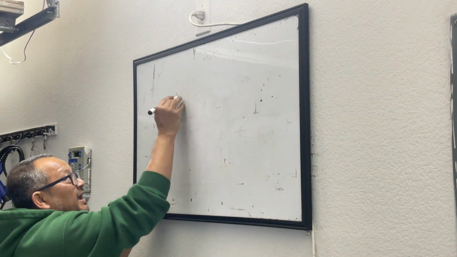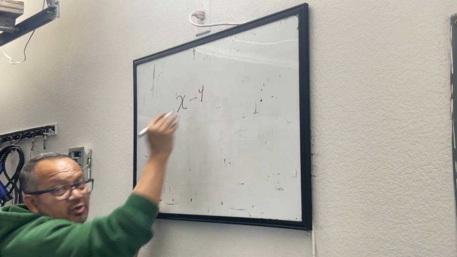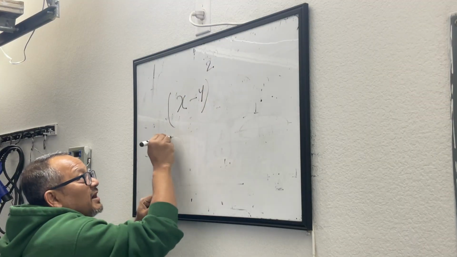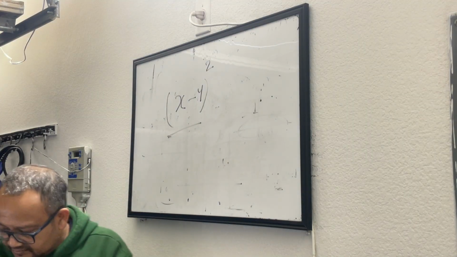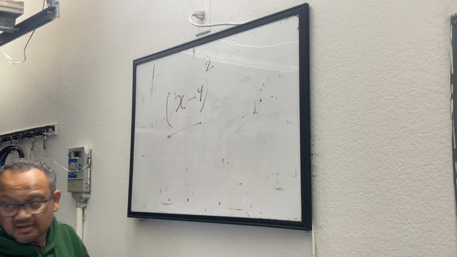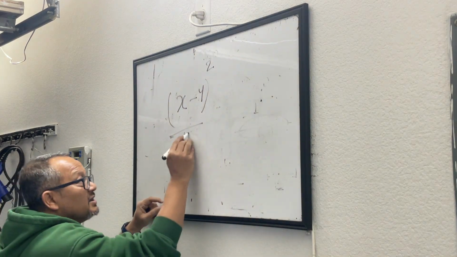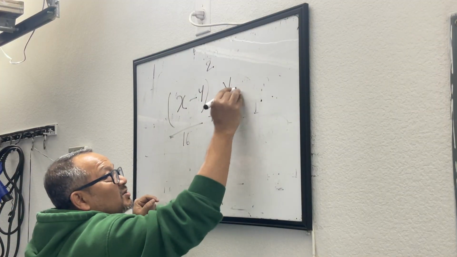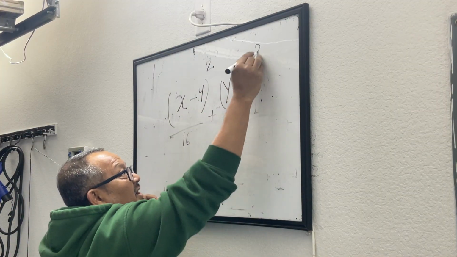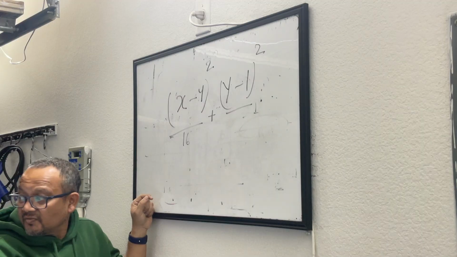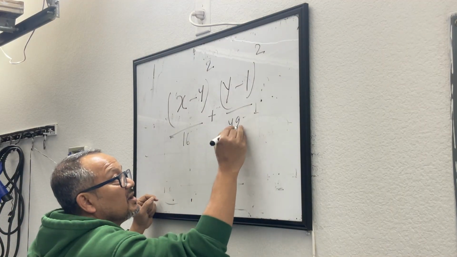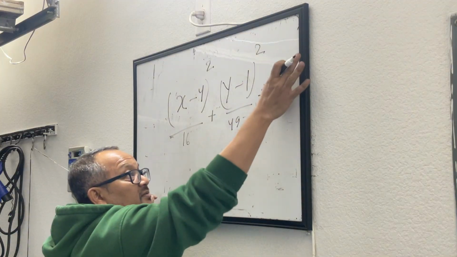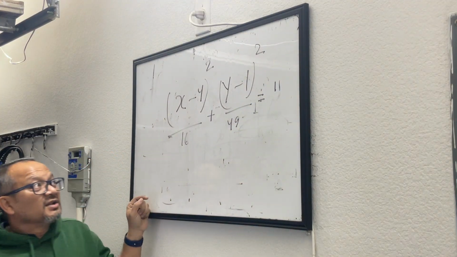This is x minus 4 square divided by 16 plus y minus 1 square divided by 49 equal to 1. Okay, this is the equation.